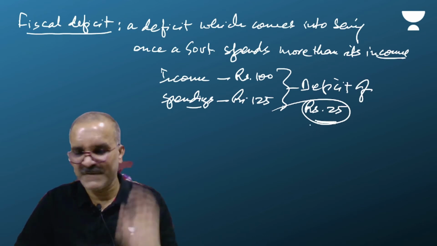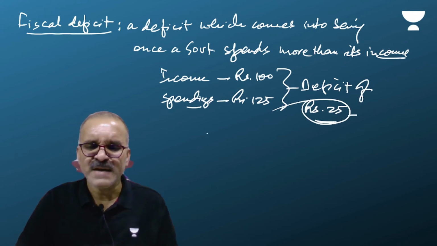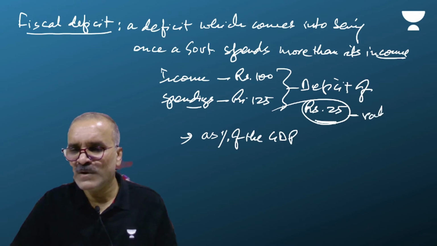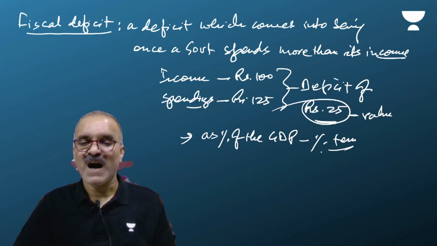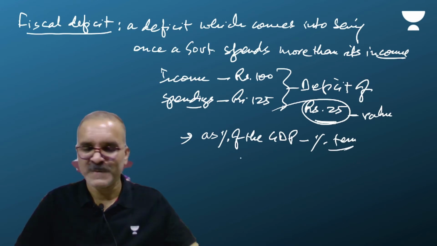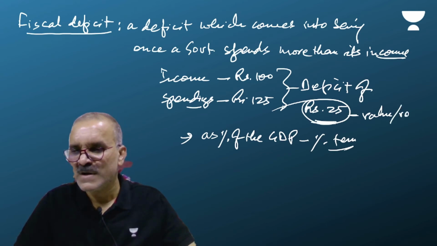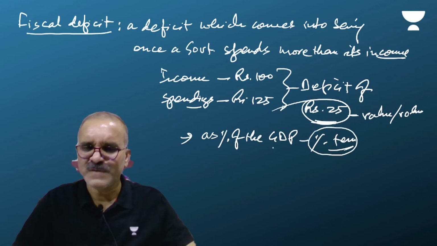This is fiscal deficit. Fiscal deficit is shown in terms of volume, or value, and it can also be shown as a percentage of the GDP of the year. So there are two ways fiscal deficit is shown: in value term, and in percentage of GDP.